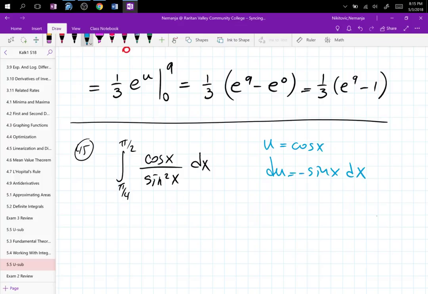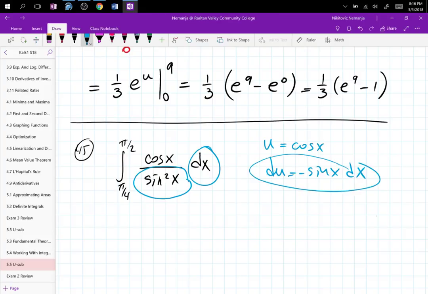Do you see how in the problem dx is in the numerator and sine x is in the denominator, where in your substitution they are both in the numerator? So you can't have that.